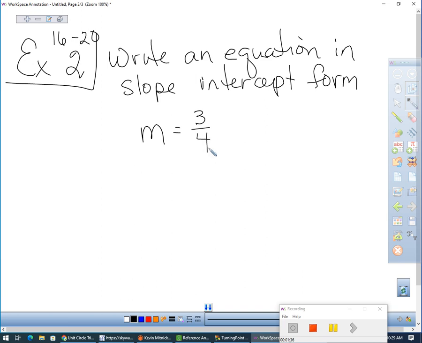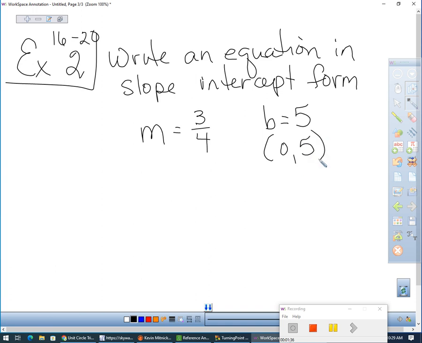Now, this is what I want to clarify. Your book is old school. In your book, it's just going to say b equals 5. However, it should say (0, 5). Your book is just old.